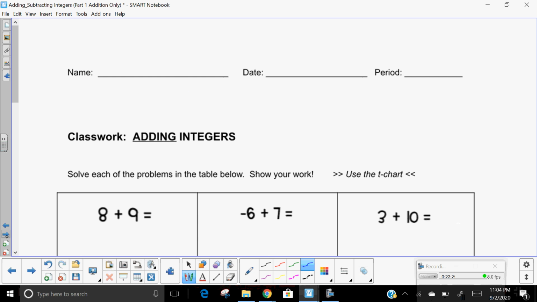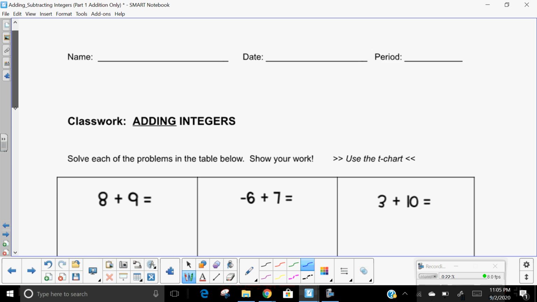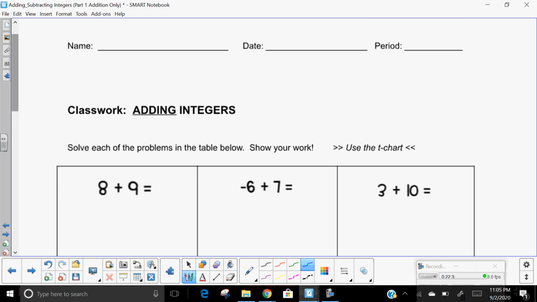Okay. So what you're going to do for your homework is you're going to figure these out yourself. Now don't forget, you want to use the T-table, so set it up every time, the T-chart. Every time you do this, you should set up your T-chart.